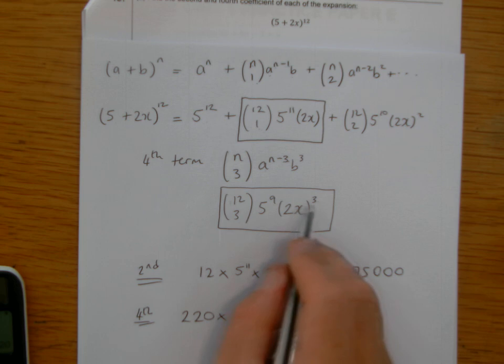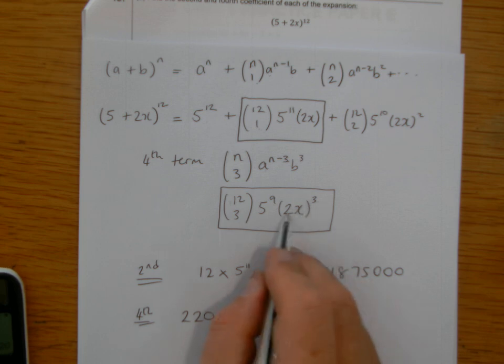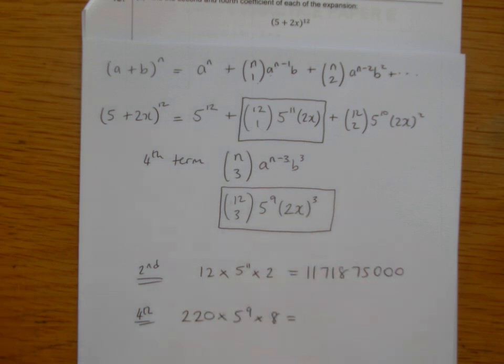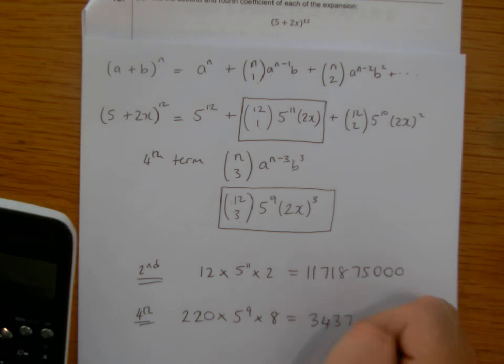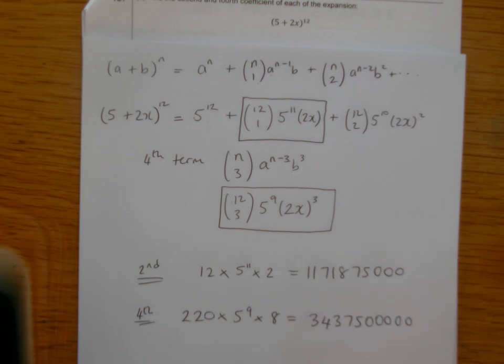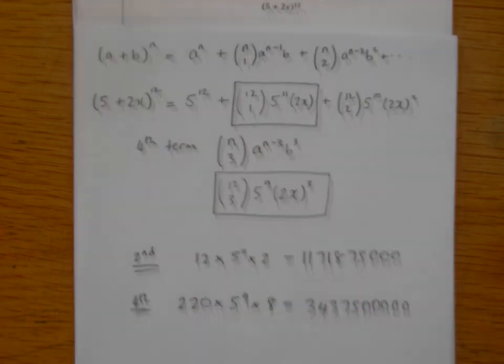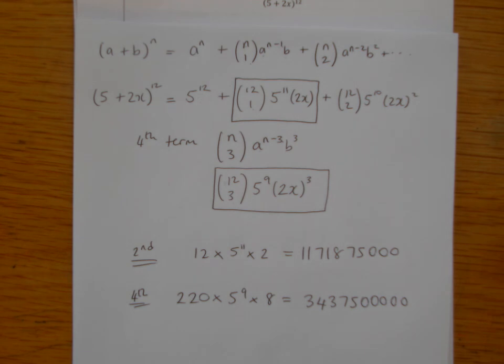But I don't need to write x cubed, but I do need to cube the 2, so that'll be 8. So I'll type that in my calculator, 220 times 5 to the power 9 times 8, and I get, yeah, quite a big number, 34375, and there are 5 zeros there. Okay, so that's the sort of approach that we take there, okay, with regards to finding the coefficient.